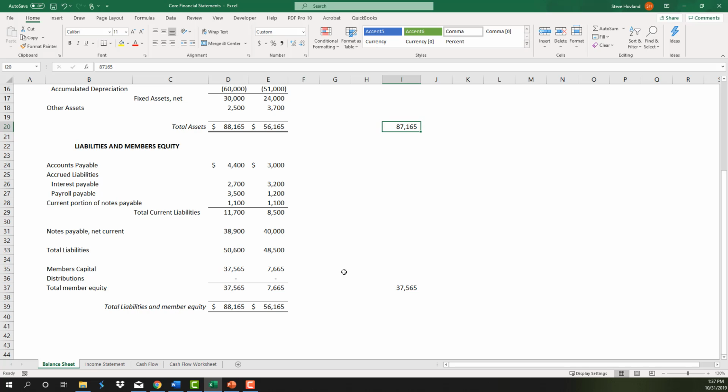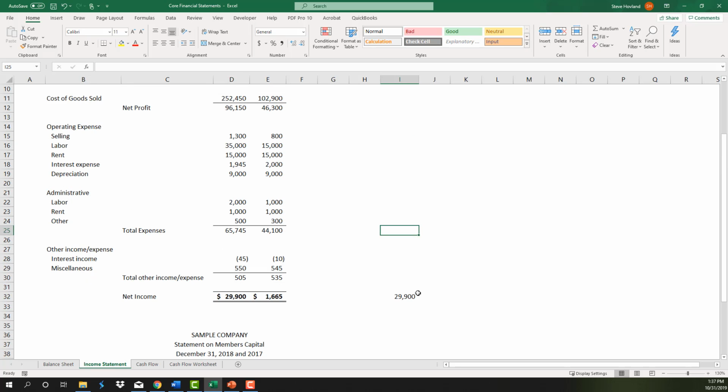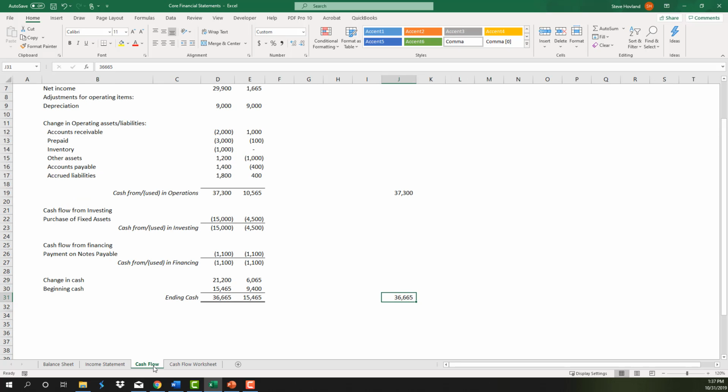So now let's see what happened to the income statement. Our net income is still the same, because it was a balance sheet only transaction. Nothing hit the income statement. Then we go to our cash flow statement. We just ordered inventory, so why did our cash from operations not change?